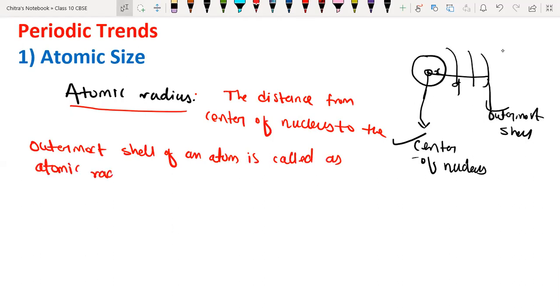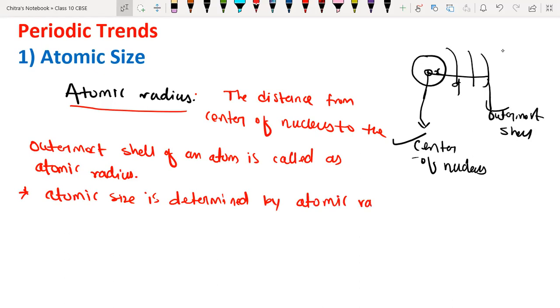A very important point: atomic size is determined by atomic radius. If the atomic radius is higher, the atomic size will be higher.